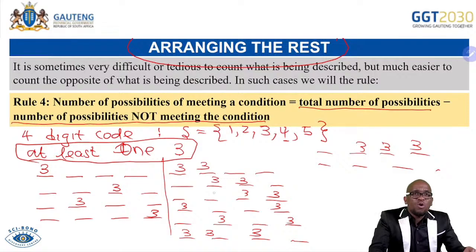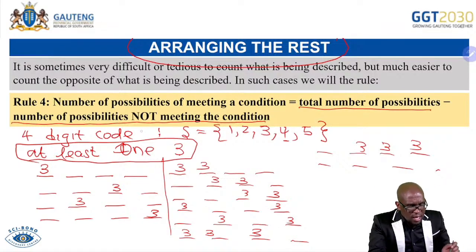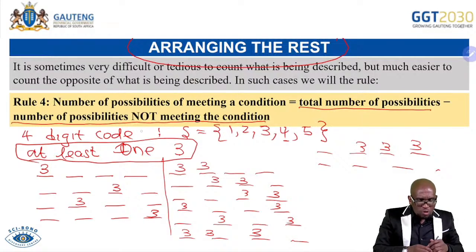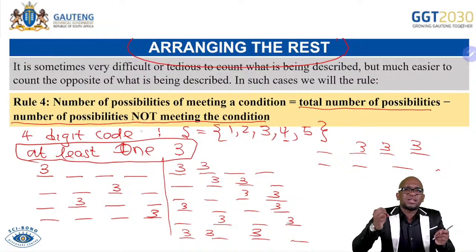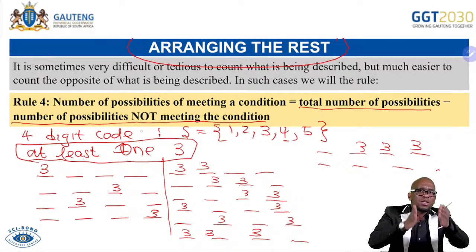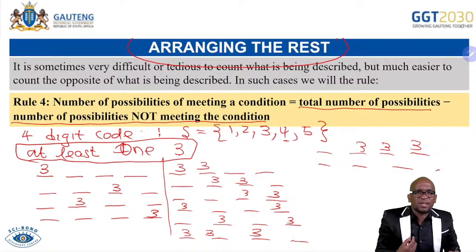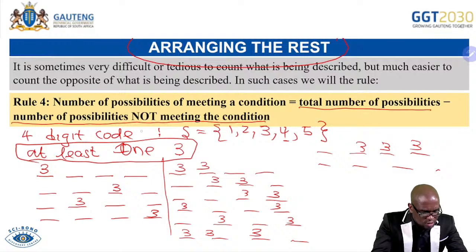What if we take out 3? Let's count all possibilities without a 3. Then from the total, we subtract those that are without a 3. We are definitely sure that those that remain are those that contain at least one 3. That is why we revert to arranging the rest, or what we call the NOT rule.